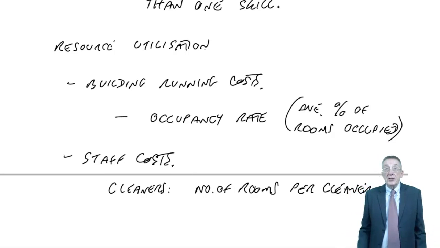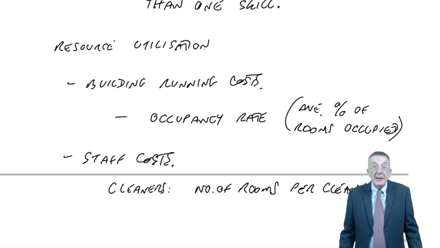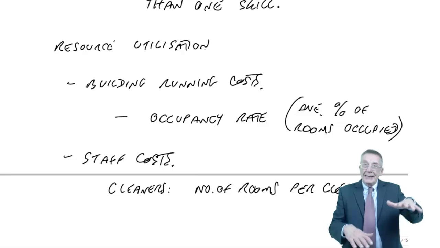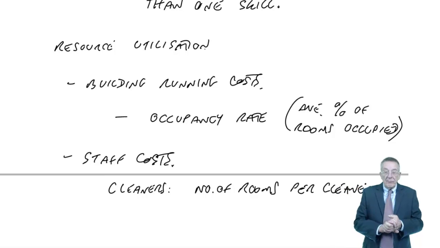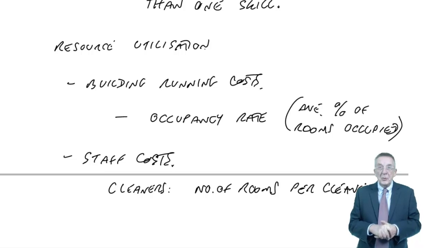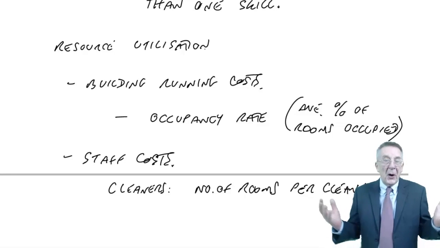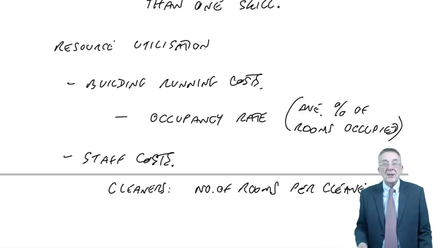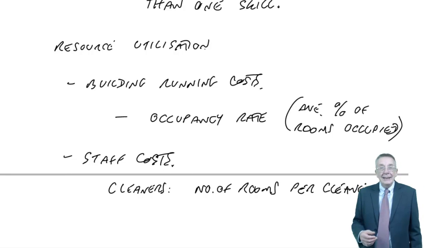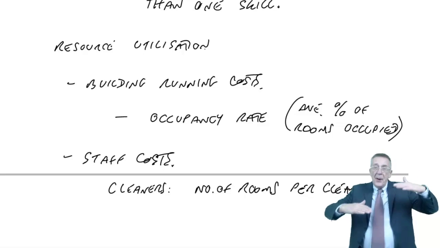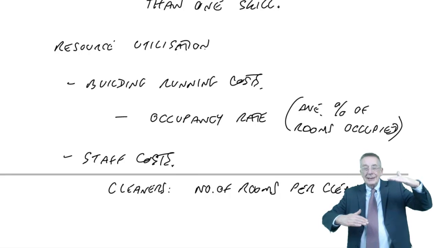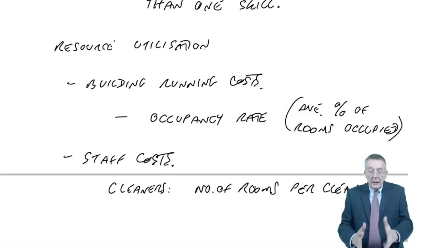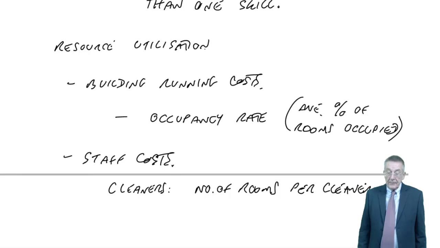You know, the more rooms on average each cleaner is cleaning, the better value for money we're getting. And that stands to reason. There can be a clash with quality. You know, clearly, if you've one cleaner per room, the room will be beautifully clean. The quality will be better. On the other hand, if one cleaner is having to clean 100 rooms, there's a danger they're not quite as clean. But there is a balance. You know, we can't provide perfect quality. We can't afford to. You know, it's striking a balance. But that's what I mean by resource utilisation.